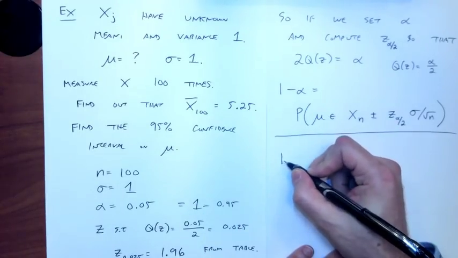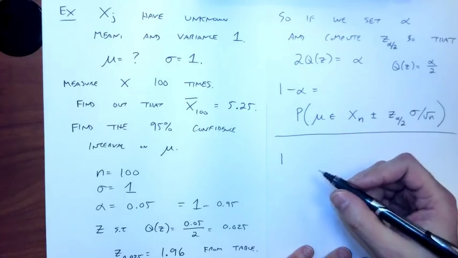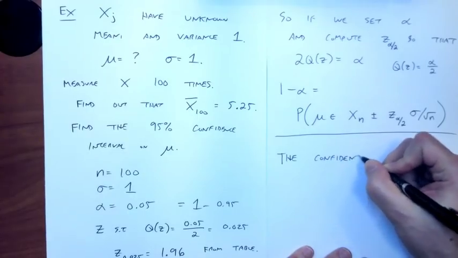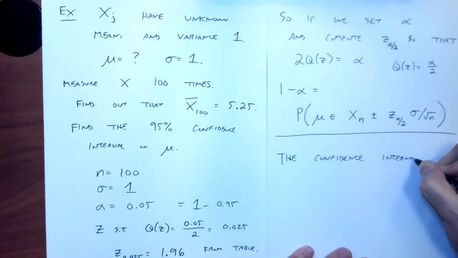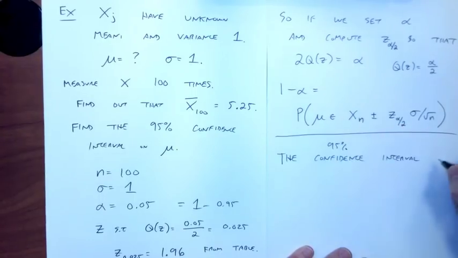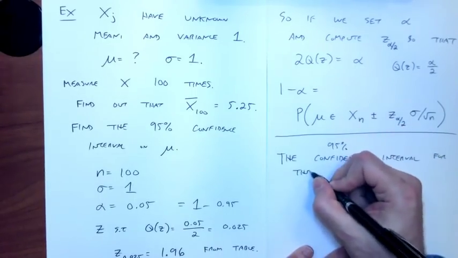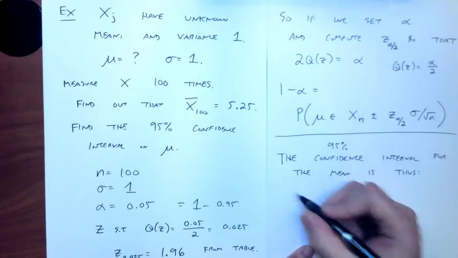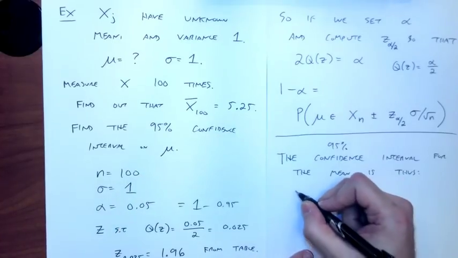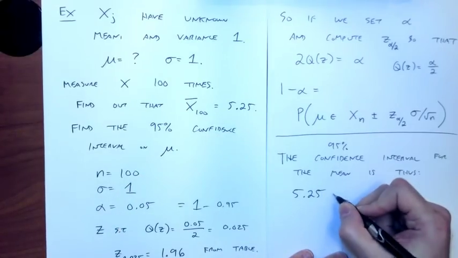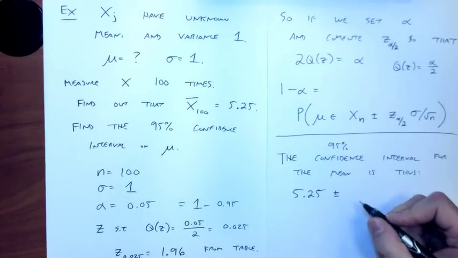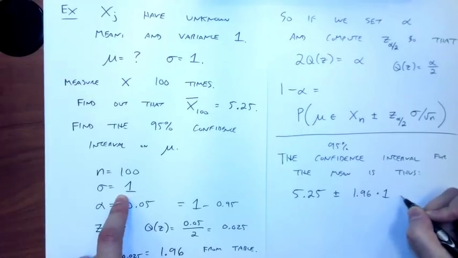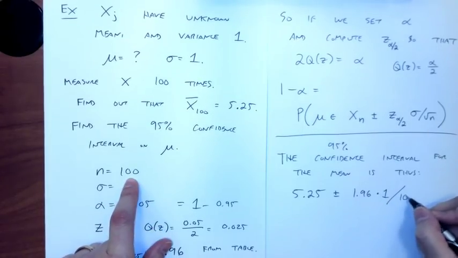So the 95% confidence interval for the mean is thus: I take the number that I computed from my actual experiments, 5.25, plus or minus this number, 1.96, times this number, 1, over this number, 100.